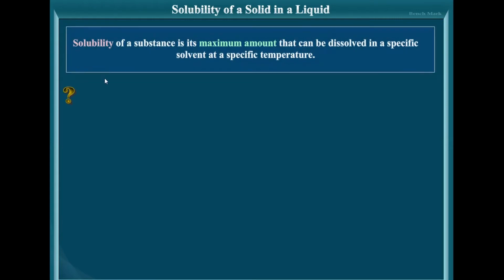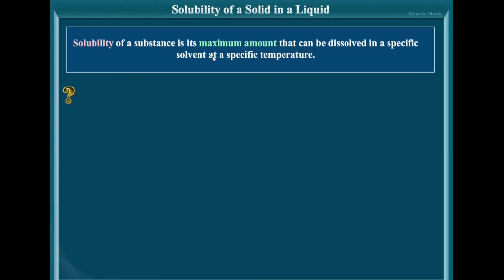The solubility of solids is generally expressed as the amount of the solid that can be dissolved in 100 grams of the solvent at a given temperature, which I have discussed earlier also. Now here you can also define what is an unsaturated solution. A solution in which more solute can be added is called an unsaturated solution.